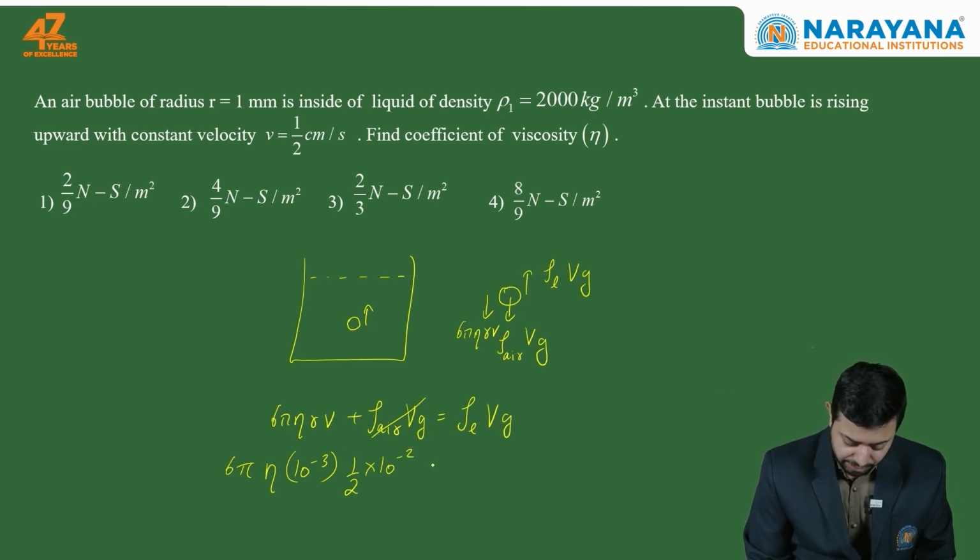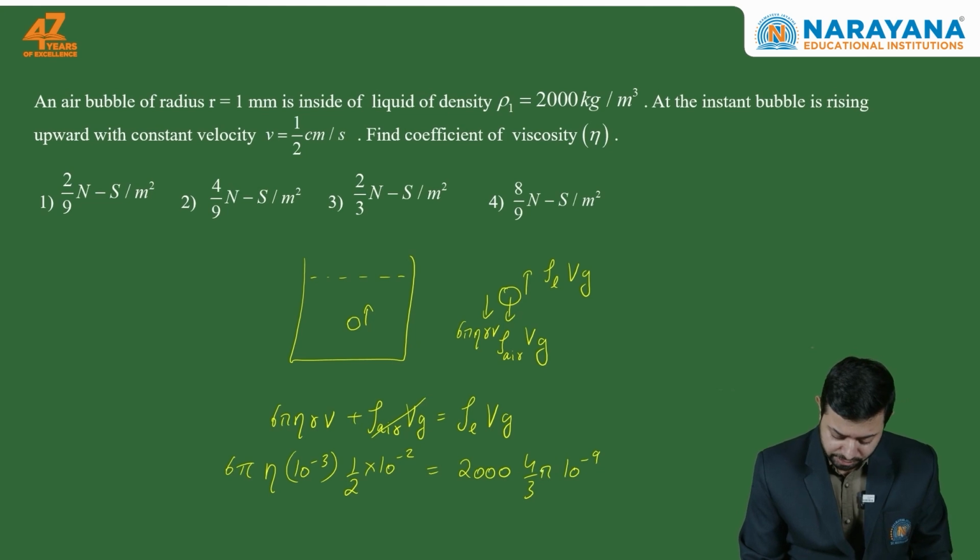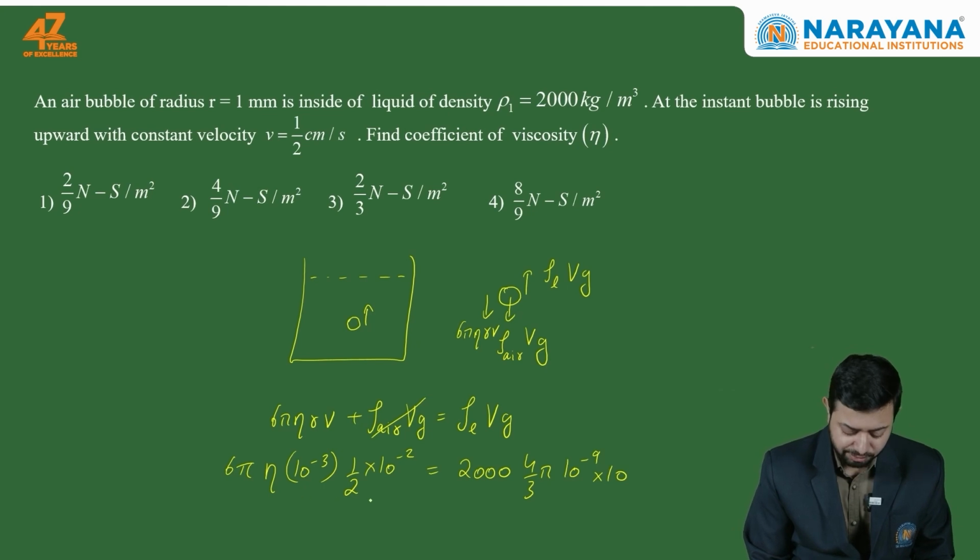Okay, and then this is equal to the density of the liquid 2000, volume 4 by 3 pi r cube, which will become 1 cube into 10 to the power minus 9, right? So this is overall the picture, and g you can take roughly as 10. Okay, if I take it like this, now if I solve this equation, we will get the answer.